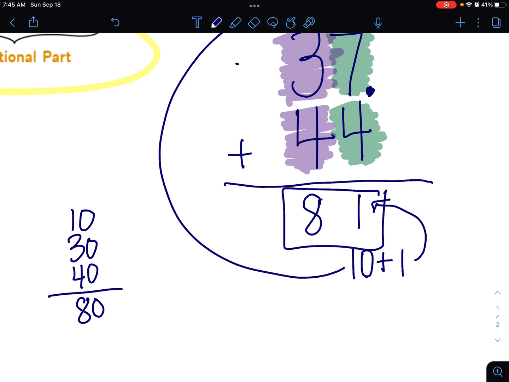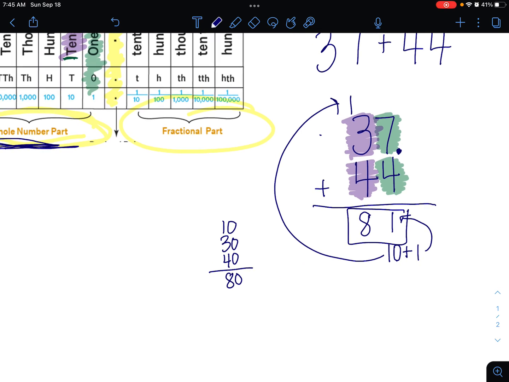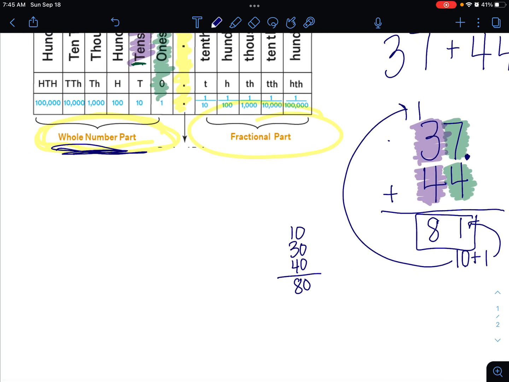Now, for some people, that makes total sense, and you can use that effectively. For others, you might want to think about breaking the number up into its place value to begin with. So 37 can really be written as 30 plus 7.